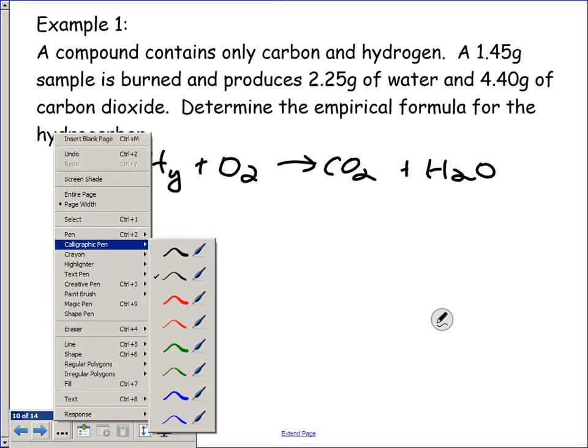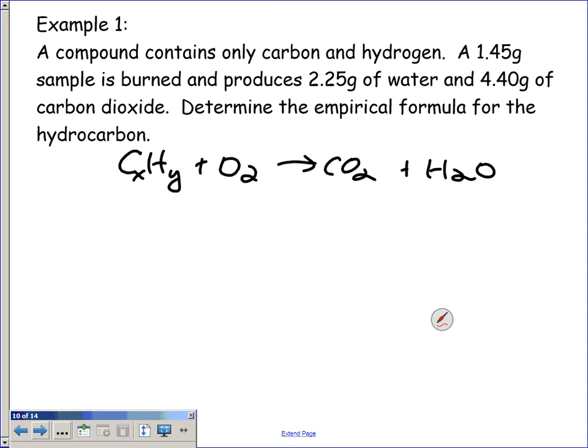I need this calligraphy pen because it makes me write better, okay? So 1.45 grams is my original sample. You with me? Okay. Produces 2.25 grams of water and 4.40 grams of carbon dioxide. Determine the empirical formula for the hydrocarbon.